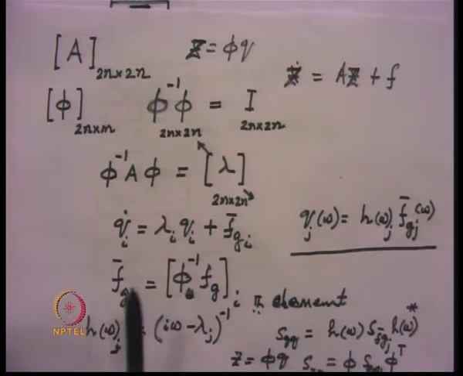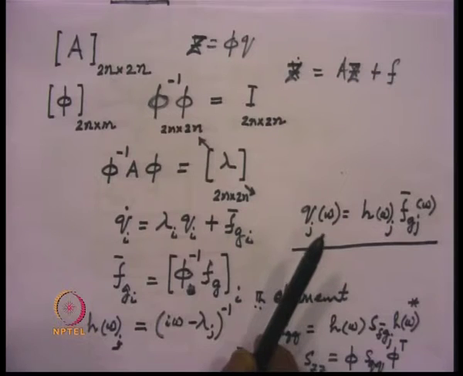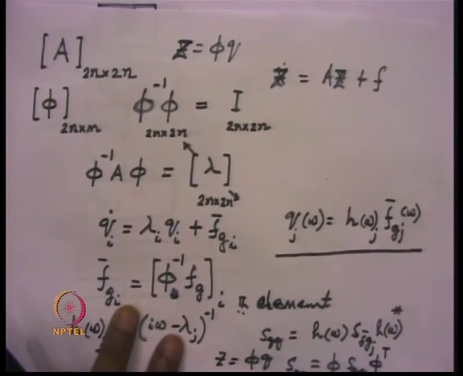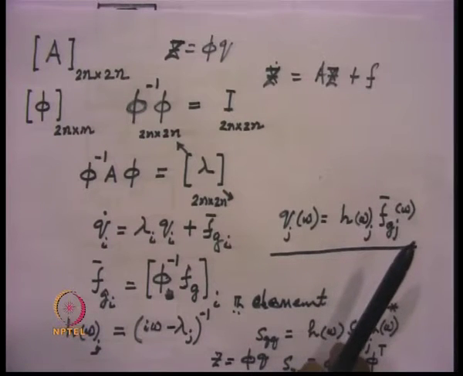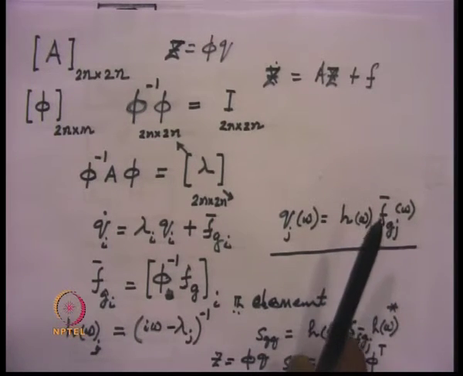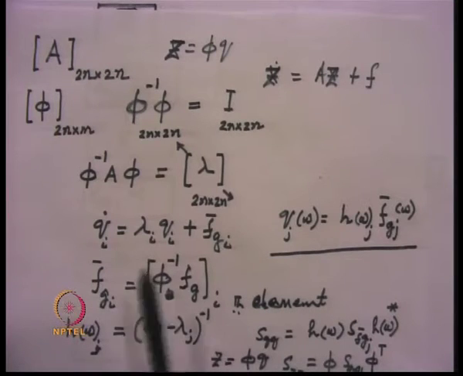And once we do that we get S f bar g, and then qj omega, that means for a particular mode the generalized coordinate in frequency domain is related to the f bar gj through the frequency response function for the jth mode, and frequency response function in the jth mode is given as this, i omega minus lambda j inverse, where lambda j is the jth eigenvalue of the A matrix.